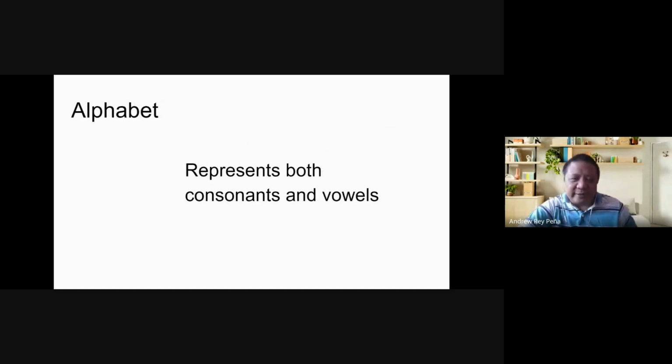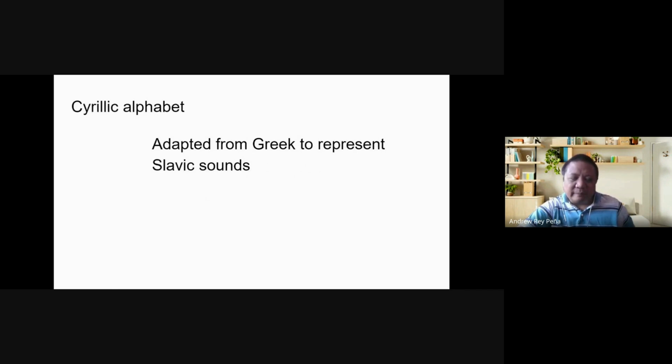So again, the alphabet represents both consonants and vowels. And so let me share with you the Cyrillic alphabet.